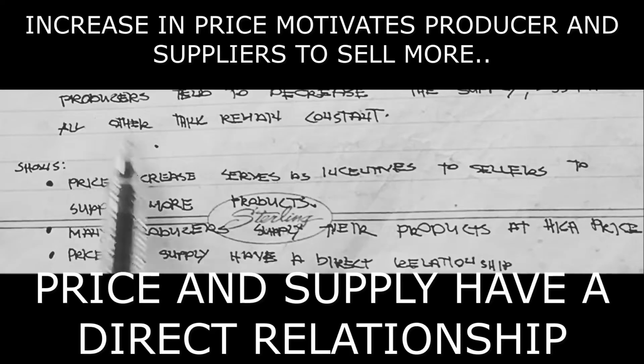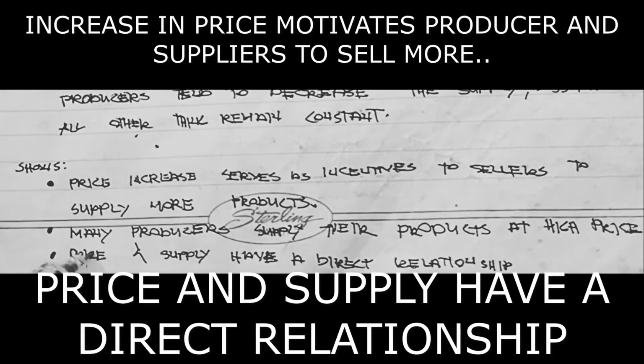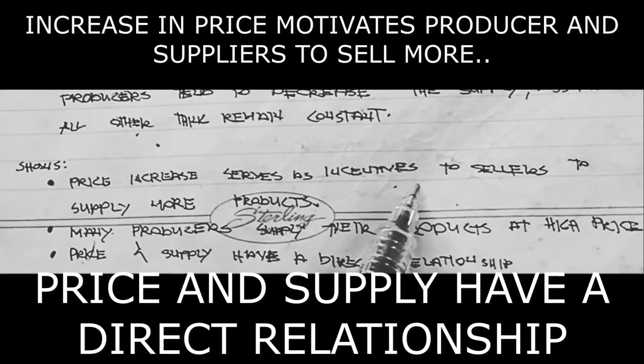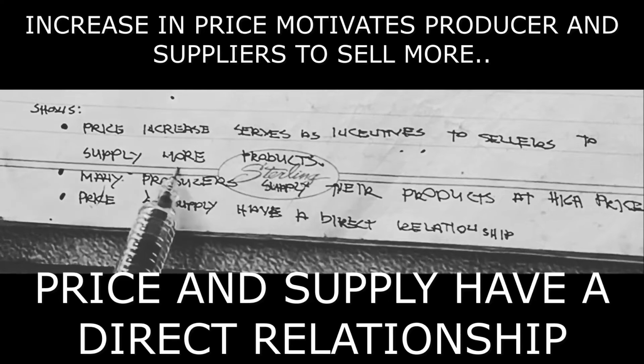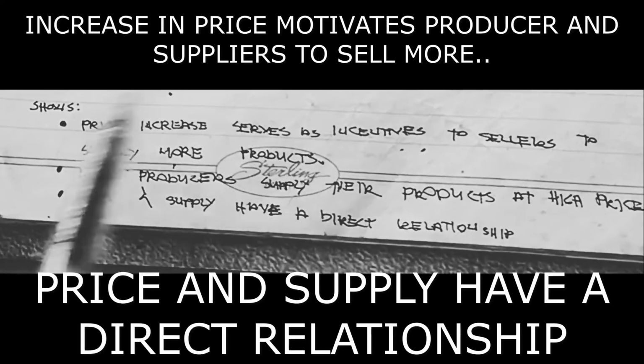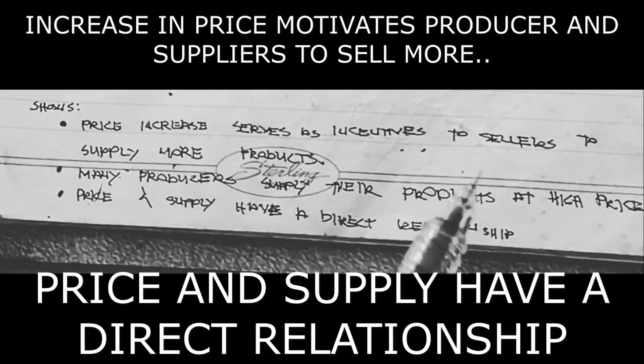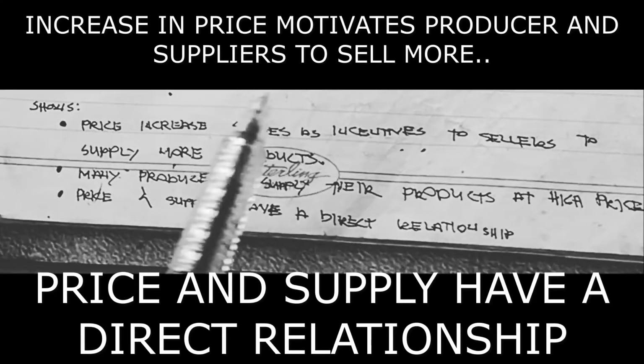The law of supply shows that price increases serve as incentives to the seller, to the supplier, to supply more of that product. That would serve as their incentive. They will be motivated to create more.